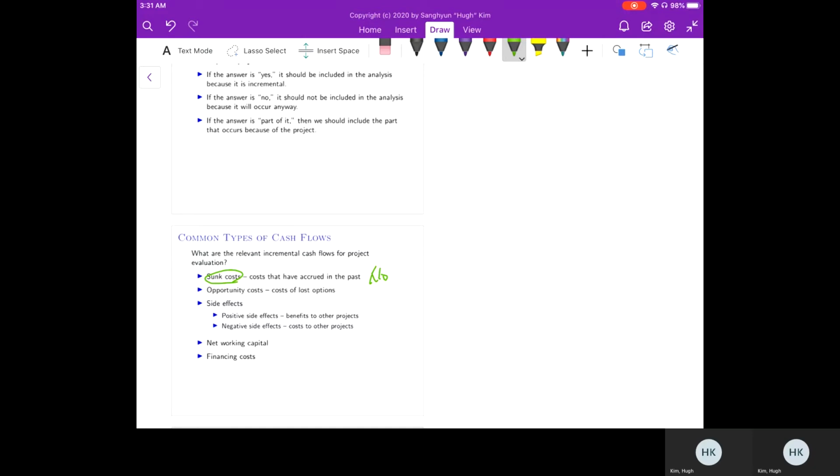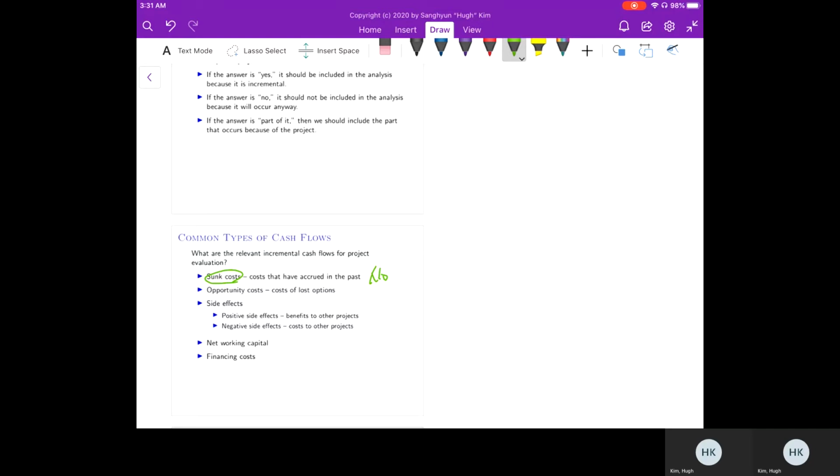It's very easy to dwell on sunk costs. It's just natural human psychology. We also regret things that have happened in the past. But as I say, we should not cry over spilled milk. The sunk costs are not relevant incremental cash flows for the capital budgeting analysis.